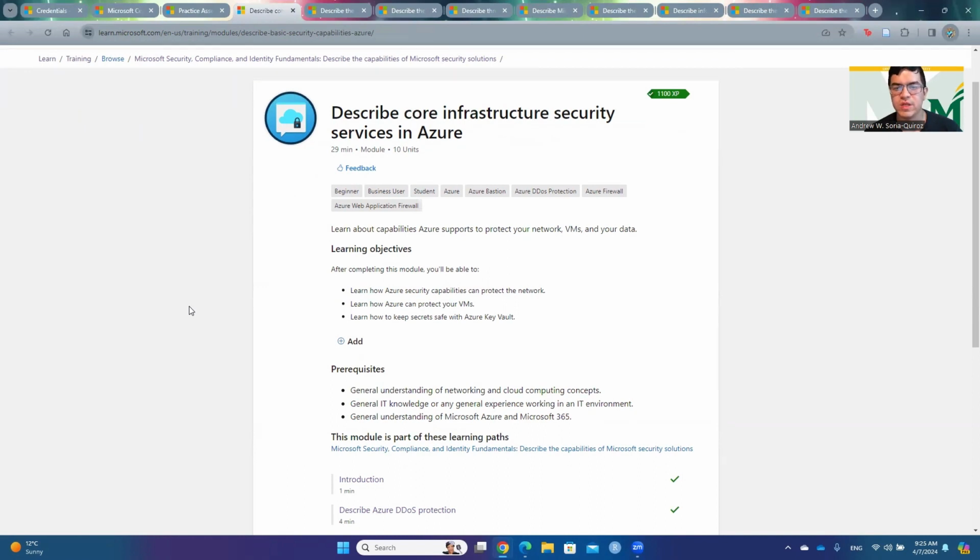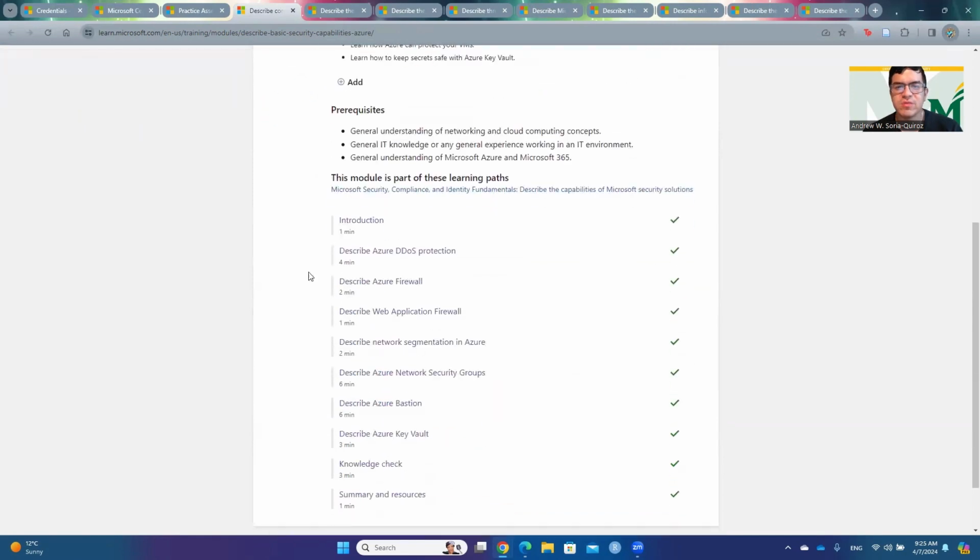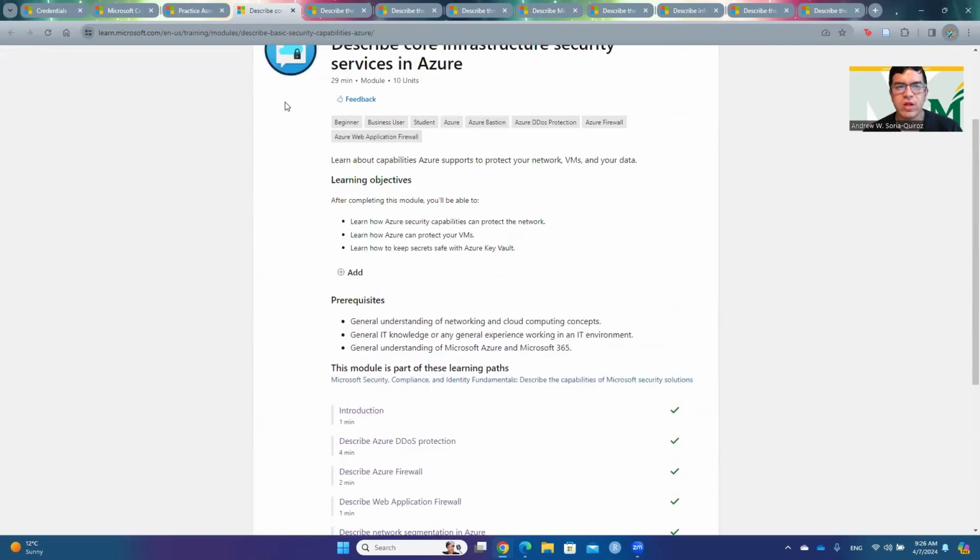This will be very easy. How to protect virtual machines, how to keep secrets with Azure Key Vault. And because this is a fundamental certification, it doesn't really go very deep into any single part of it. It strokes here and there, very general, but it doesn't really go inside a lot.